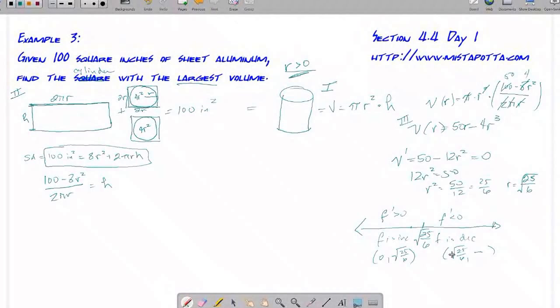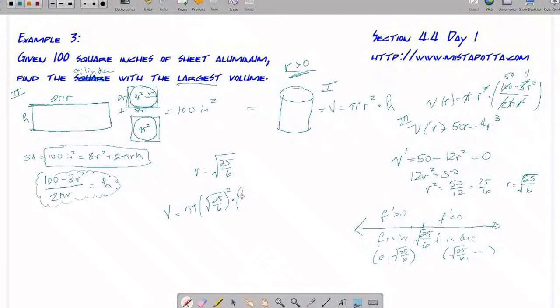So looking at what I've got here, my radius is the square root of 25 sixths. My volume has to be pi times the square root of 25 sixths squared times h. Now remember that h is this. So when I substitute, I'm going to get 25 sixths. I'm going to be multiplying times 8.